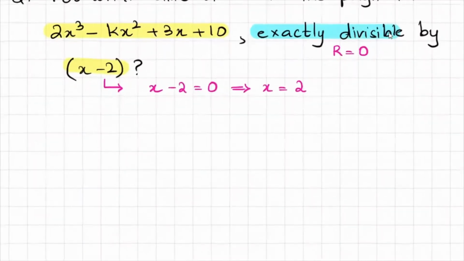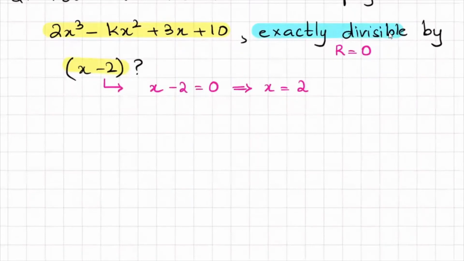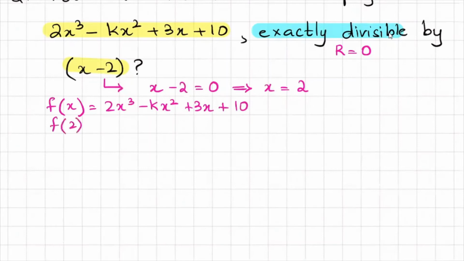All right, let's begin with the question. f(x) equals 2x cubed minus kx squared plus 3x plus 10. I have to substitute 2 in place of x. So f(2) equals 2 times 2 cubed minus k times 2 squared plus 3 times 2 plus 10.